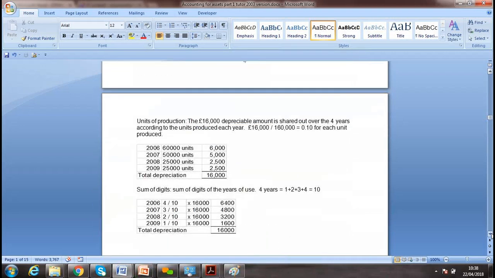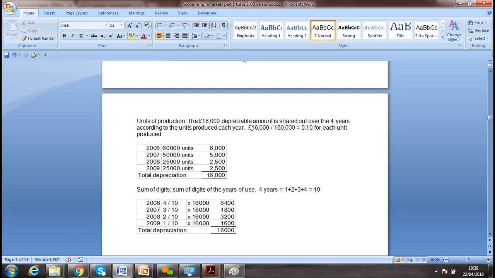So the third method is units of production. If you look at how many units we are producing, add them all. And we can calculate our depreciation then. So 160,000 units we are going to produce, and we have 16,000 worth of amount which we need to depreciate in 4 years. 16,000 divided by 160,000. So for every unit of production the machine needs to depreciate 0.1, for a unit produced.